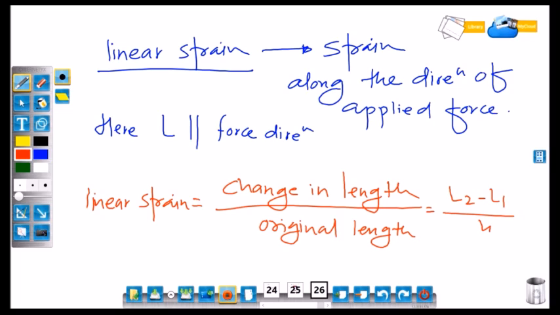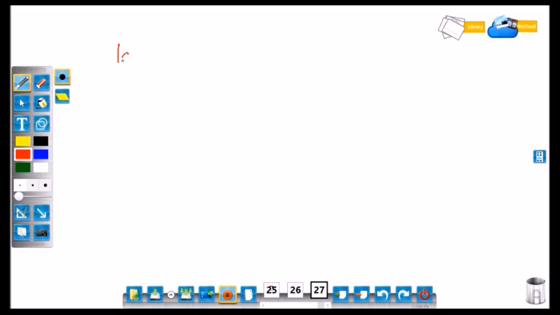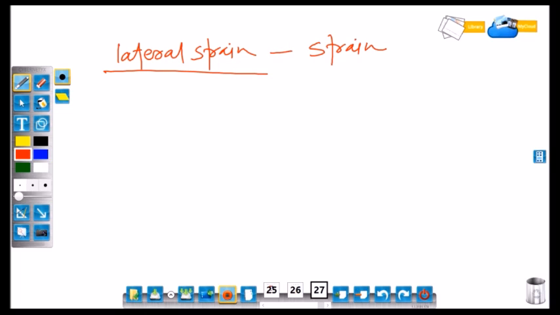Now lateral strain is strain along the lateral or perpendicular direction to the direction of force.